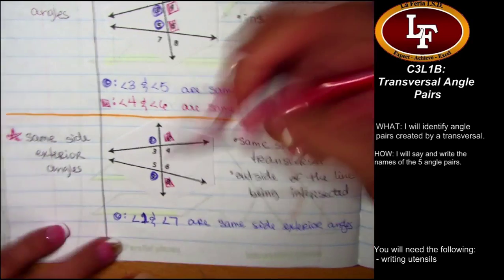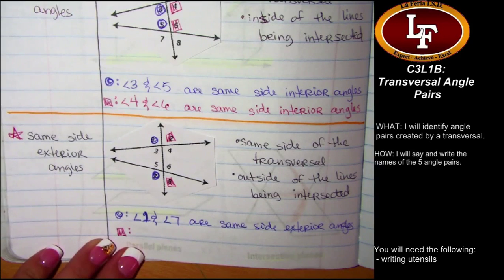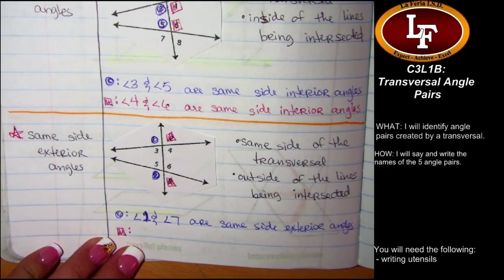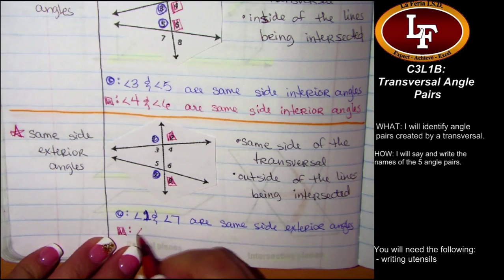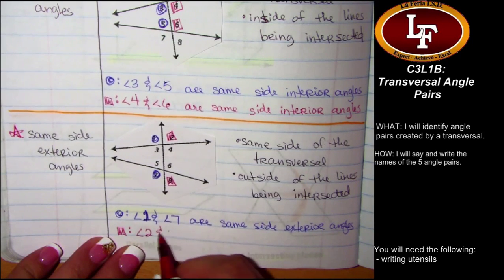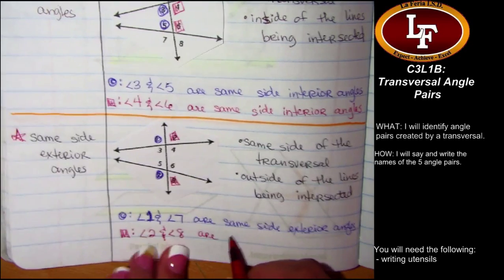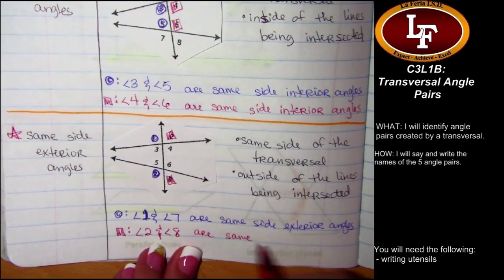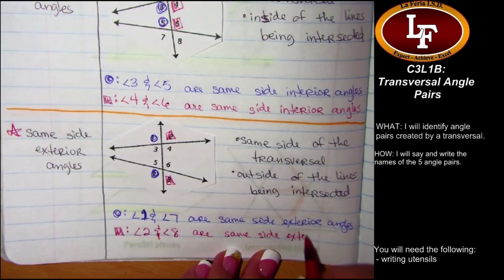Now notice that as I'm marking these down, the angles aren't always on the same line. They're on the same transversal, but they're not on the same line that is being intersected. They're on different lines that have gotten intersected. So when you are asked to identify them, please make sure that you're looking at the different lines.